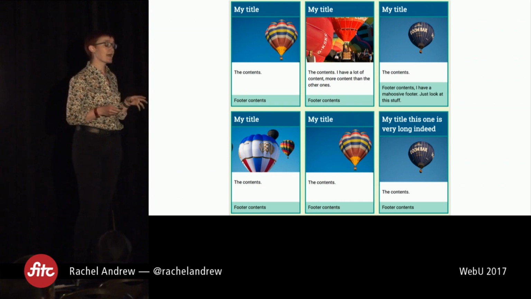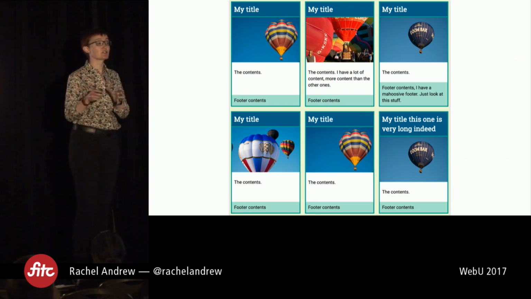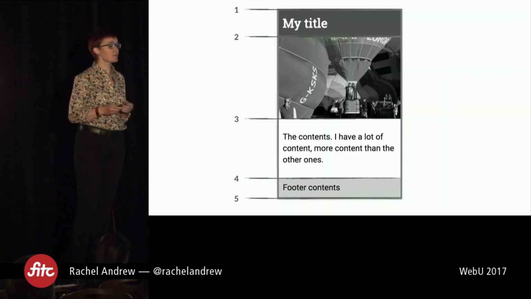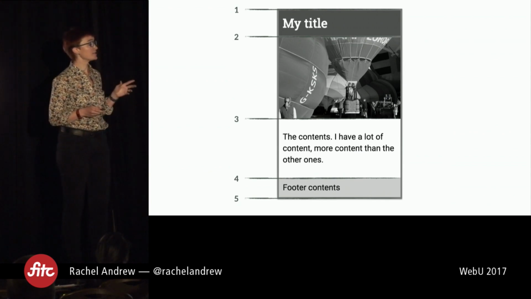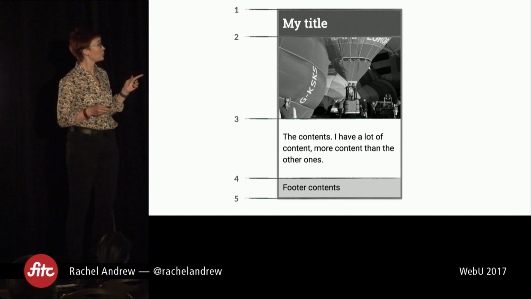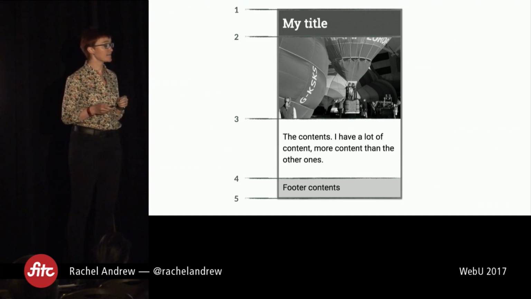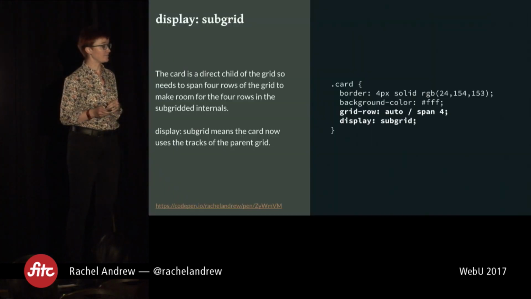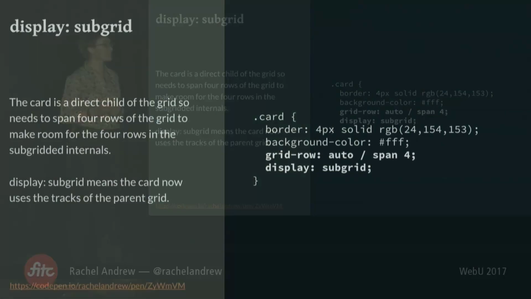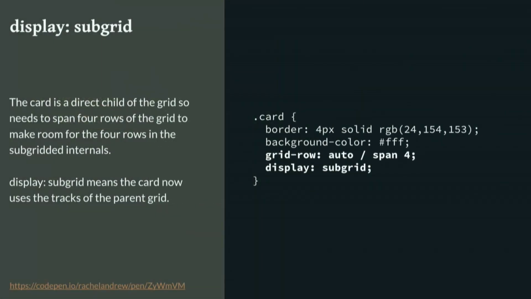Now, the subgrid spec, that was pushed into level 2, into the real rough workings of a level 2 spec, would solve this problem. In that spec, our main grid would need to have 4 rows available for each card, because the card there has got 4 elements, as you can see. So we'd need to make sure we had space for that in our outer grid. And then we'd ask for the direct child of the grid to span 4 row lines and set the value of display to subgrid.